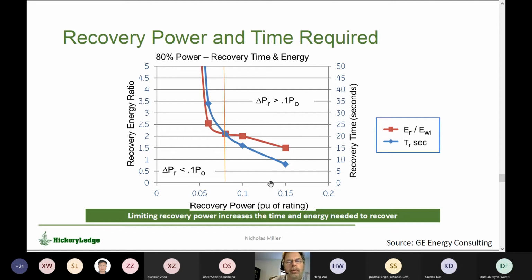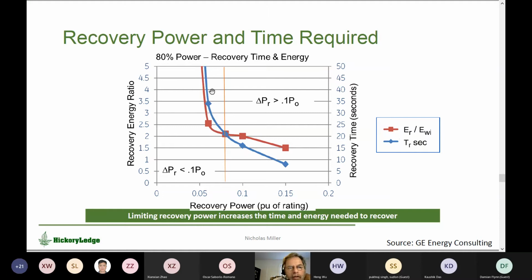If you allow the recovery voltage to be high, which is the right side of this, then the amount of energy that you need to recover is relatively low. The best example here is that the orange hashed area is only 50% bigger than the green hash. Back here, the orange hash is twice as big. The recovery energy is twice the arresting energy, and it goes off the chart as the turbine stalls.